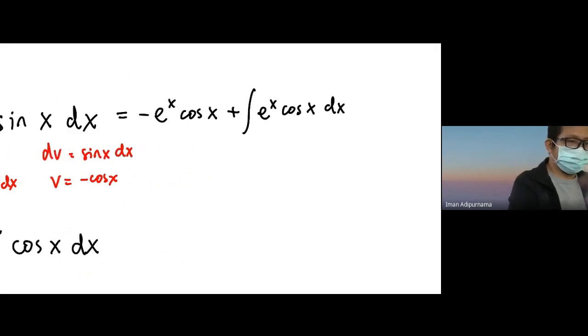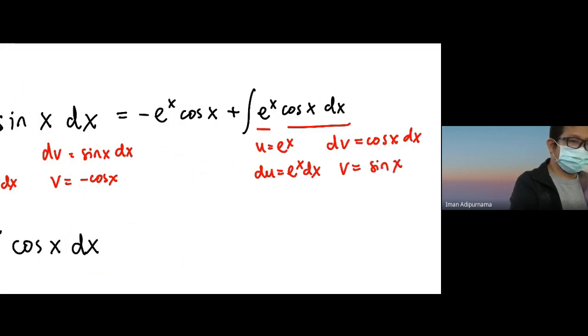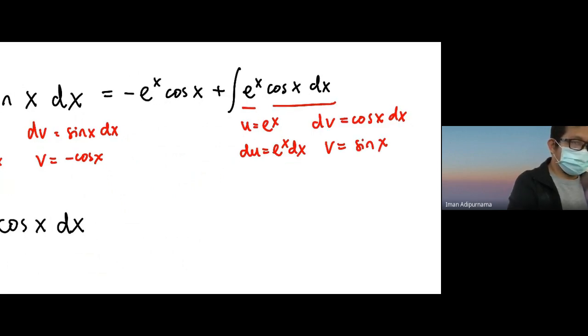And we try to make another integration by parts. And this will be plus e^x sin x, and then minus sin x e^x dx, or e^x sin x dx.